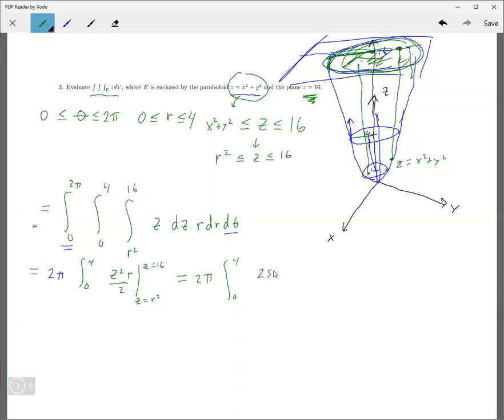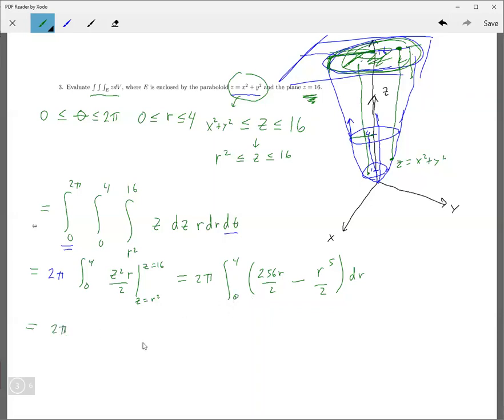So that's 256 r over 2, minus, and then you put r squared in here, so r squared squared is r to the 4th, times r is r to the 5th, over 2, dr.